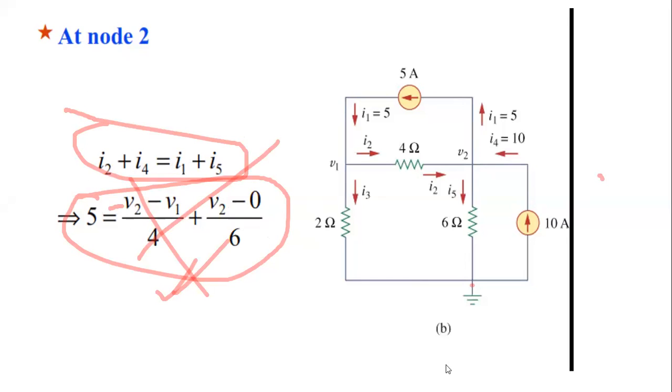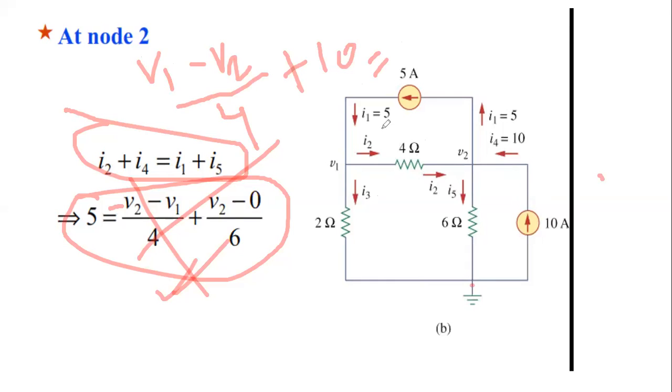what you need to do is you just put the values here. I2 plus I4 equal to I1 plus I5. I2 is V1 minus V2. You will take it like this only. V1 minus V2 divided by 4. We have already written it. Plus I4. I4 is 10. Equal to I1.